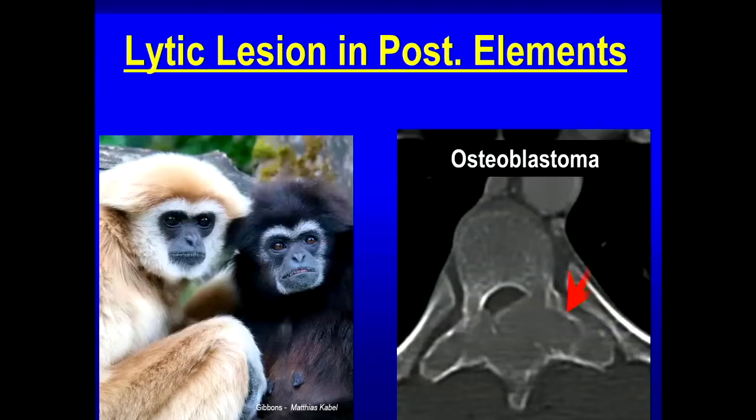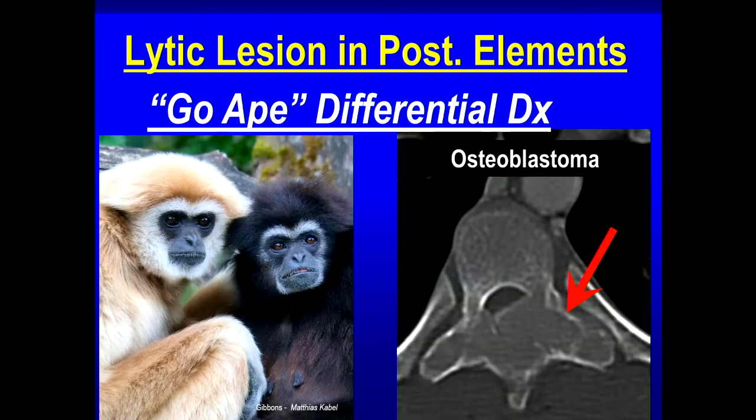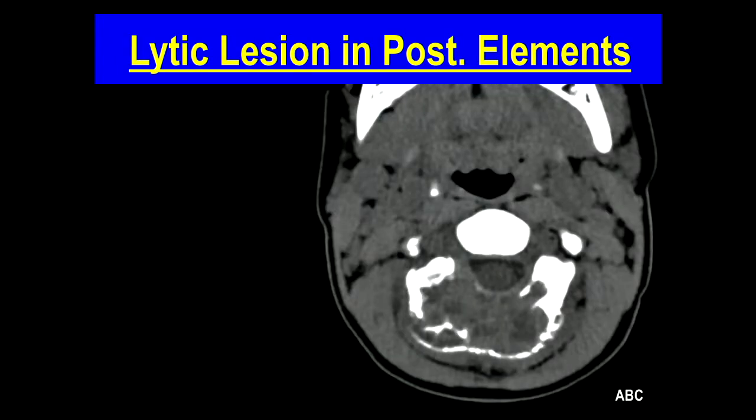In fact, lytic lesions in the posterior elements can be caused not only by osteoblastomas, but by some other types of lesions as well. Some people like using the GO-APE differential diagnosis for lytic lesions in posterior elements.